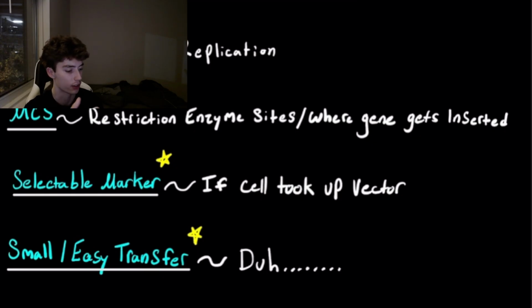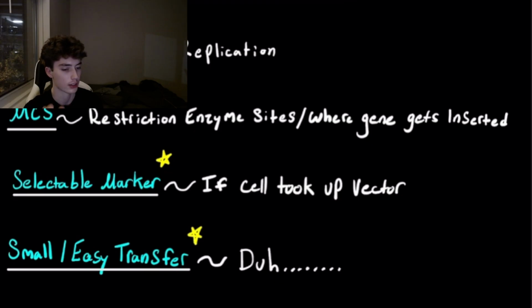If your selectable marker contained a gene that coded for ampicillin resistance, and you plated your bacteria on agar with ampicillin, hopefully your bacteria would grow because, one, it has ampicillin resistance, and two, you would be able to see that and say, okay, these cells have taken up the vector. So that's all that means.